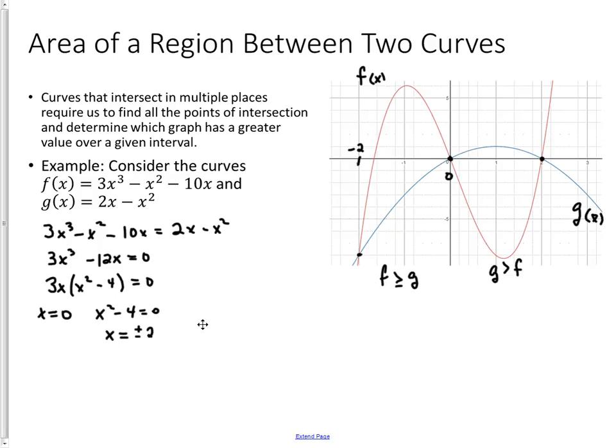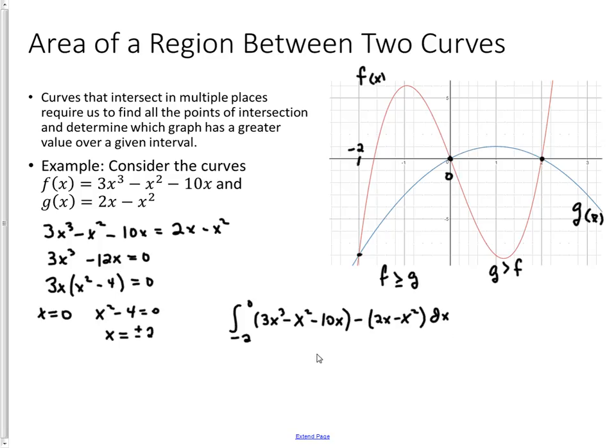So that means that if we're going to set up our integral to take the summation right here, we're going to have to do this as a sum of two different integrals. We're going to go from negative 2 to 0 of first f of x minus g of x. So we're going to take 3x cubed minus x squared minus 10x minus 2x minus x squared dx.